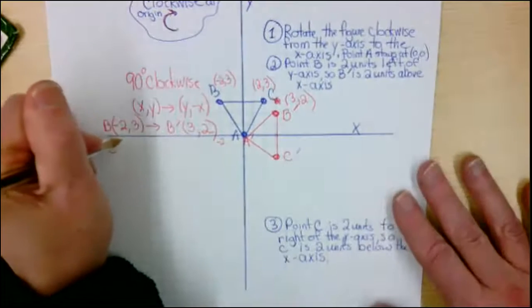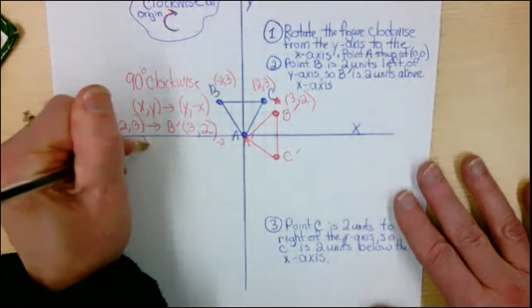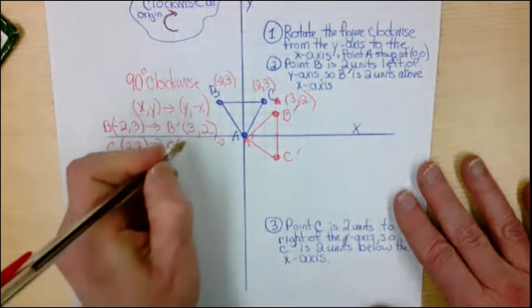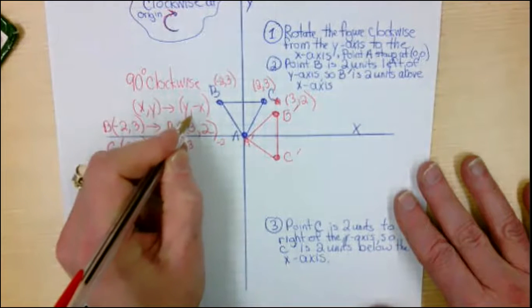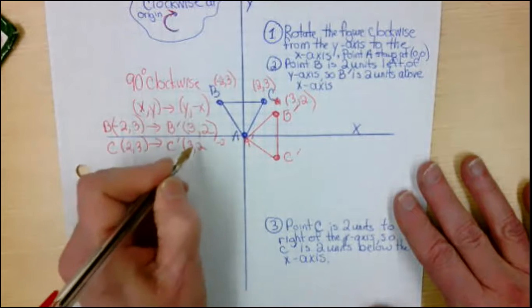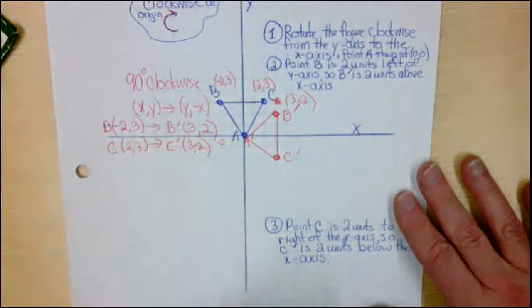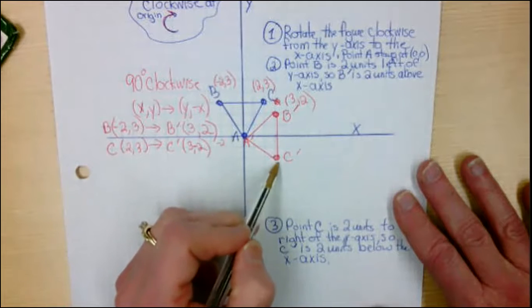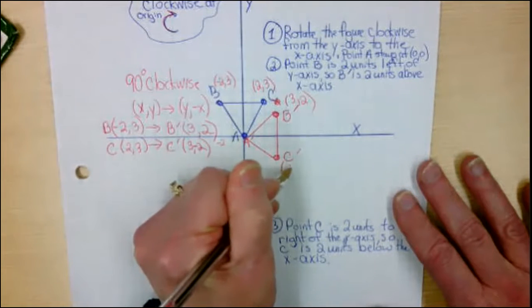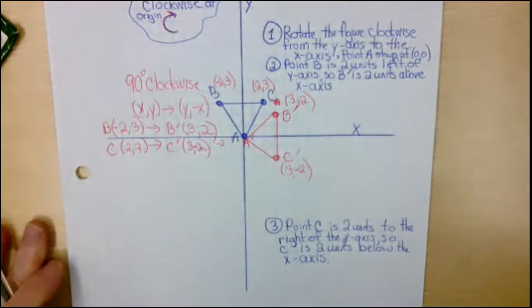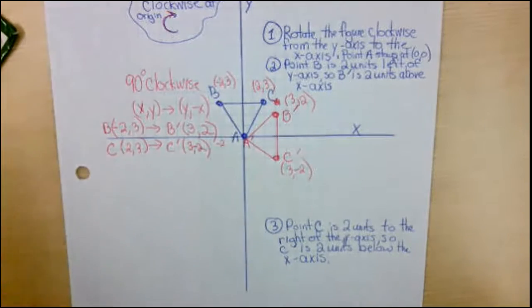C prime is going to switch places. 3 is going to be in front. 2 is going to be behind, and it's going to change to the opposite sign, so negative 2. So let's see if that worked. So it should be positive 3 and negative 2. Yes, it is. This turned out to be 3, negative 2. That makes rotations a lot easier if you have those memorized.